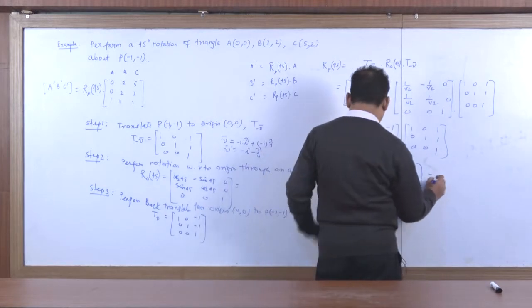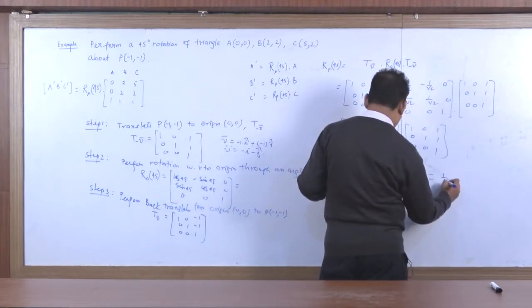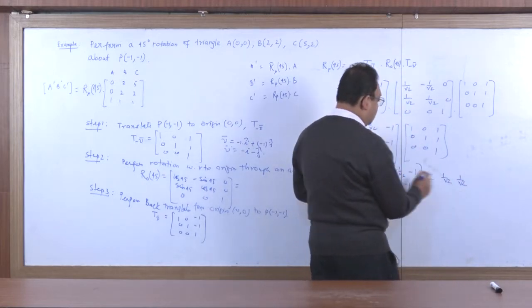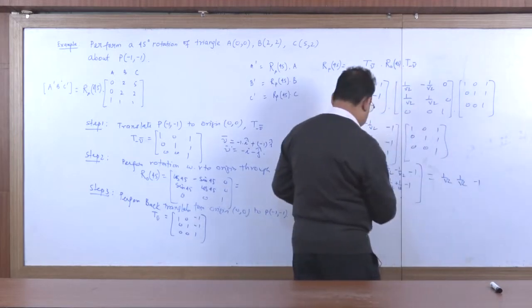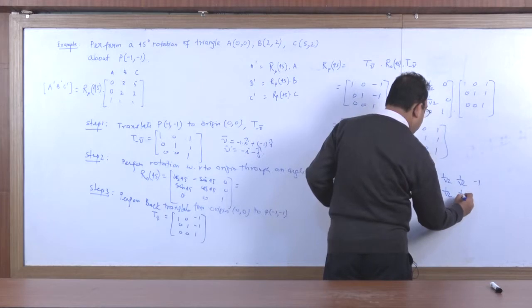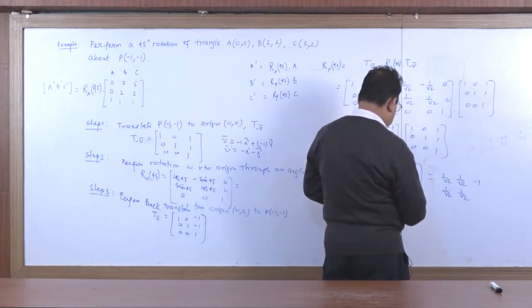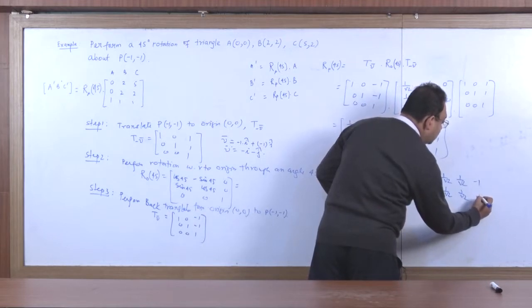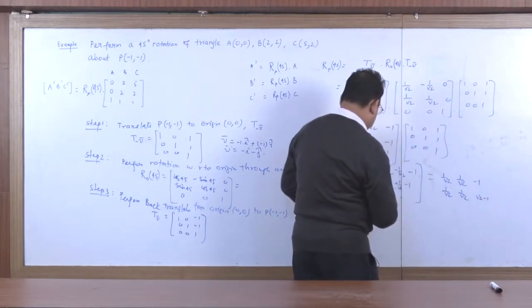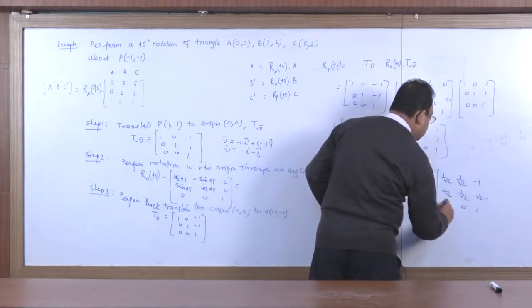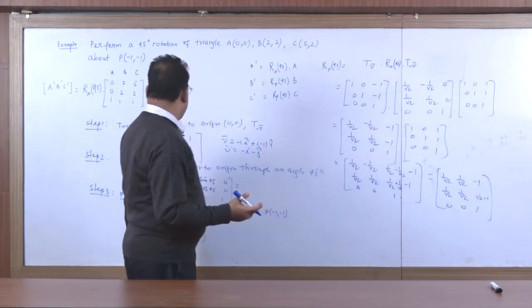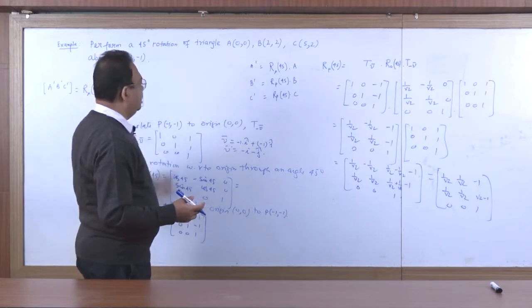So, after simplification, this becomes 1 by root 2, 1 by root 2, and this is cancelled out, this is minus 1, and this is 1 by root 2, 1 by root 2, and this is 2 by root 2, 2 by root 2 minus 1, that is root 2 minus 1, and this value is 0 0 1. So, this is our composite operator.